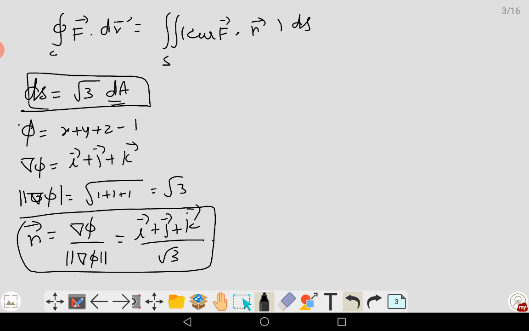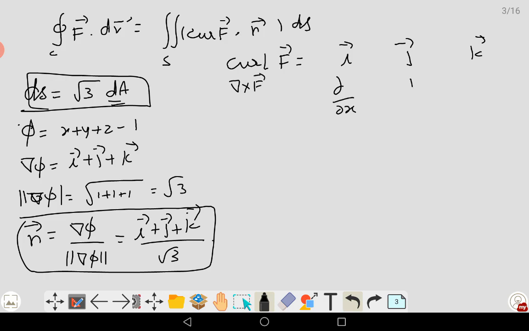This is our n vector, and we have ds. The only thing left is to find the curl of the vector f. So find the curl now. Curl of f vector is the determinant of i j k, del by del x, del by del y, del by del z. This is actually del cross f, remember it.